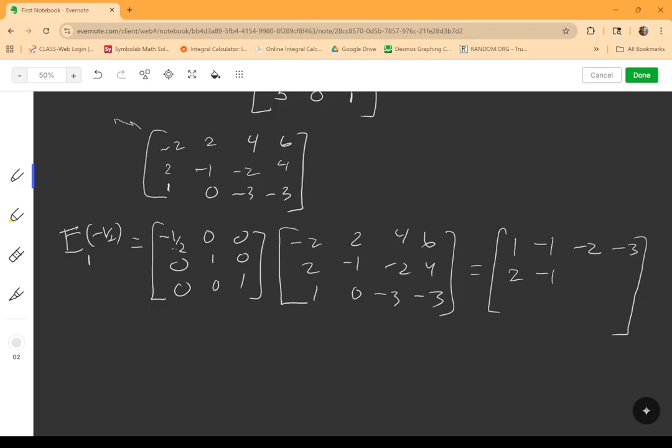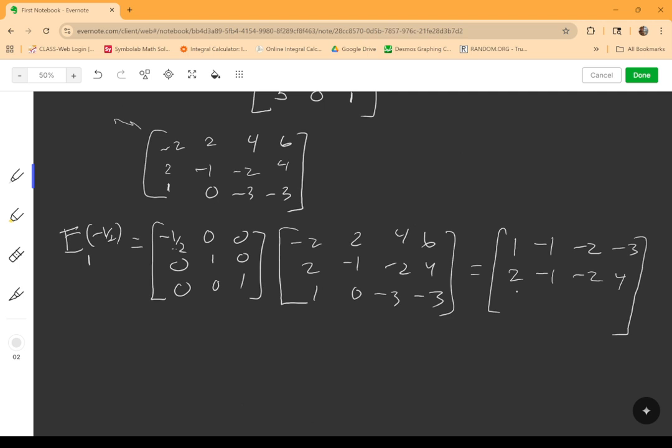Then 0 times 4 is 0, 1 times -2 is -2, and the other one is 0 times 6. Here that's 0, 1 times 4 is 4, plus 0, because 0 times 3 is 0. And you see that the second row is untouched.